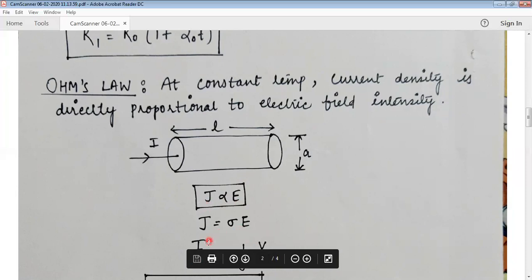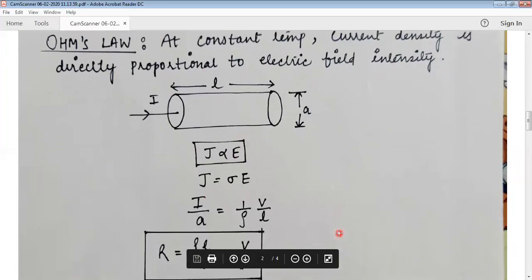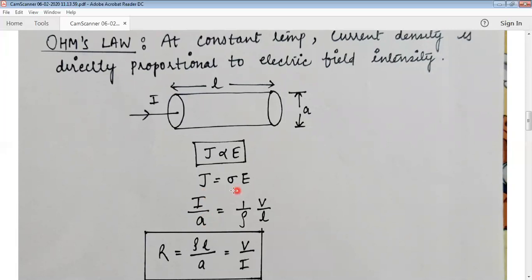Now current density means current flowing per unit area, so you can denote it by I by A. And sigma is the conductivity, which is the reciprocal of resistivity, so it will be 1 divided by rho. Clear? And electric field is the potential drop per unit length, so V by L is your electric field.